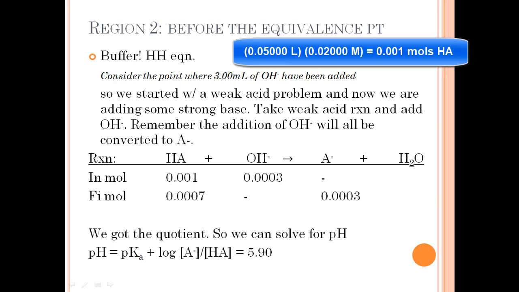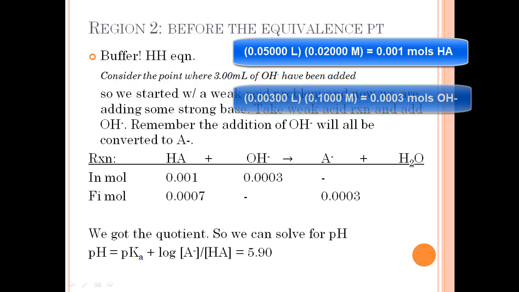You're adding 3 mL of that strong base. The concentration was 0.1, so 0.003 times 0.1 is going to give you 0.0003. So that's how many moles of OH minus you're adding. Now, after that is done, obviously you're not going to have all of the HA that you started with.